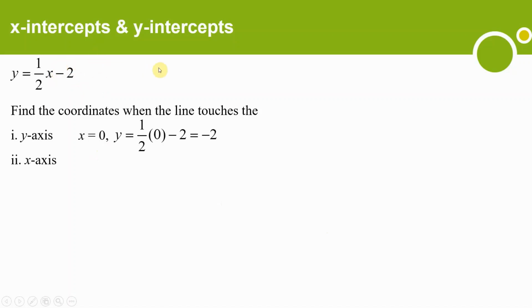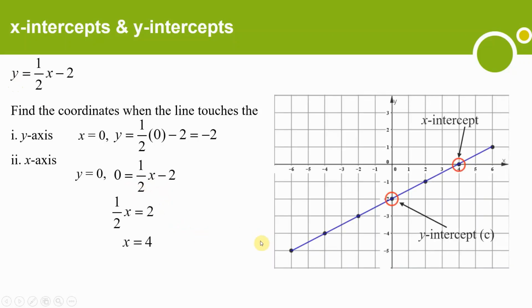But how about x-intercept? That means the line touches the x-axis. So we equate y equals 0 instead. And when y equals 0, we can solve the equation and we can say x is 4. So let's look at the graph one more time.